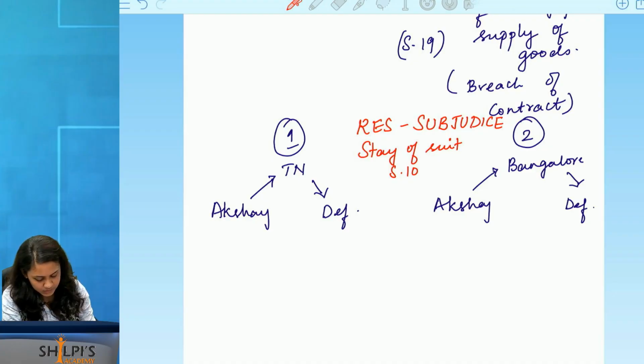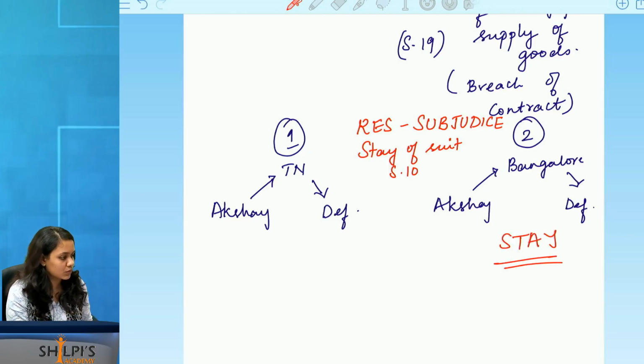So technically, let's assume the one in Bangalore was the second suit, and therefore a stay will be put on this suit. It's like saying you proceed with hearing one, but you put a stay to the other. Now, how, when, what, that's what we look at right now.